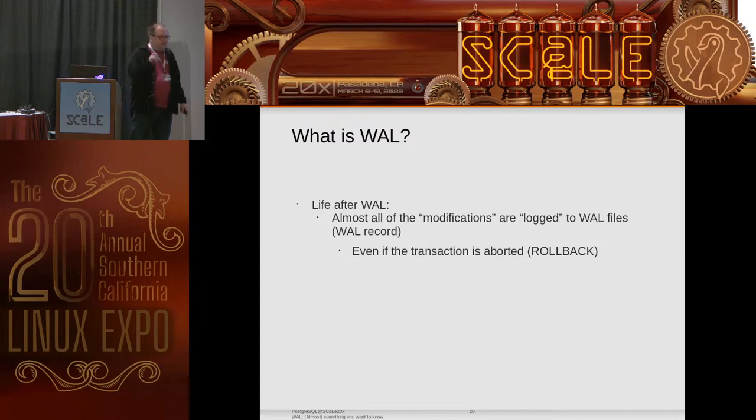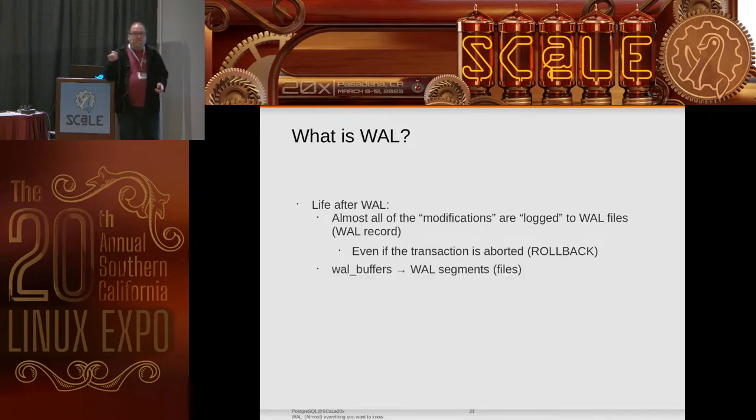Let's say we have a transaction with some statements, and even if we roll them back, they are written to the WAL files because we don't know whether it will be rolled back or committed. So we have to make sure that those statements are WAL logged, and of course, eventually we will have to log the rollback command as well. So even the non-committed transactions are written to the WAL files.